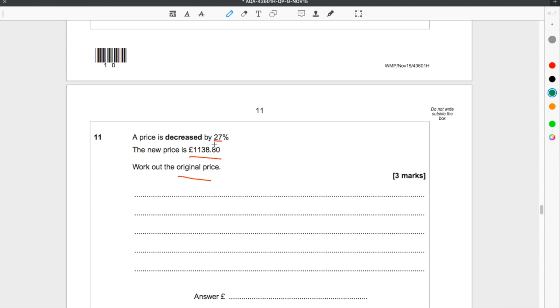Well, if it's a 27% decrease, then 100%, which is the original price, minus 27%, that's going to give us 73%. As a decimal, we simply divide this by 100 to give us 0.73.